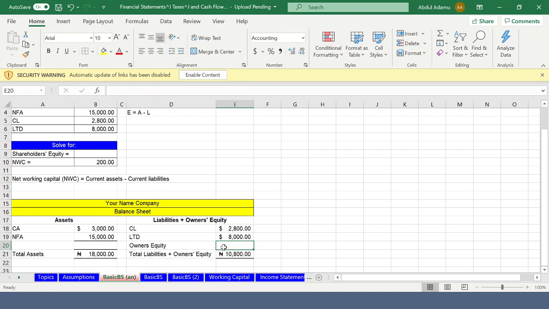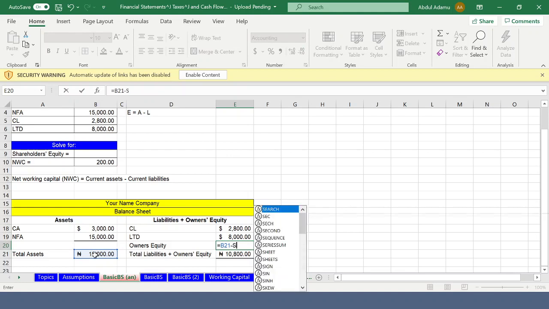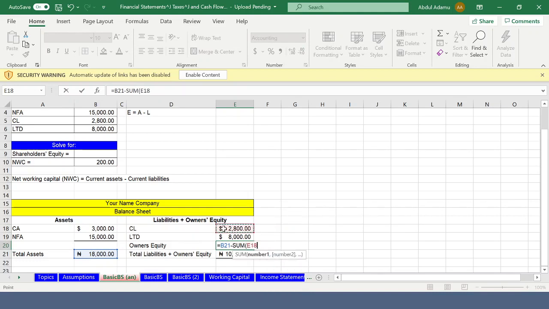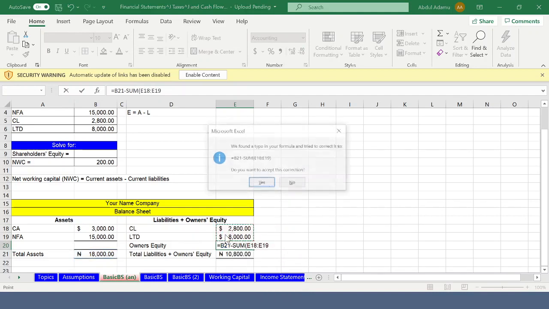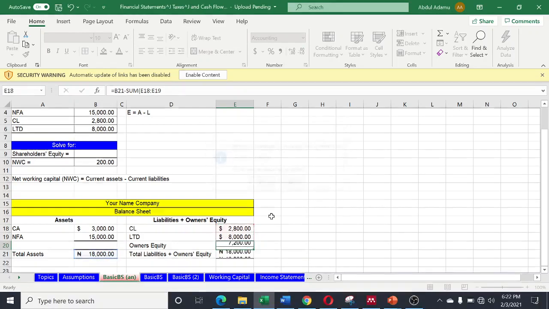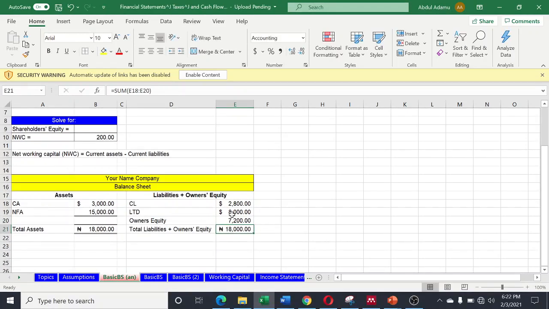Therefore, equity is equal to total asset minus, bracket open, sum of this and this, enter. Yes, so our owner's equity is 7,200. You can see now that our balance sheet balances.